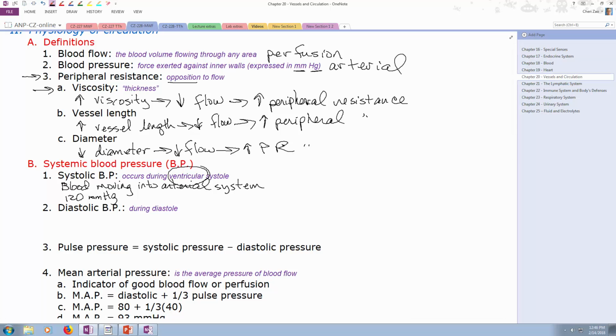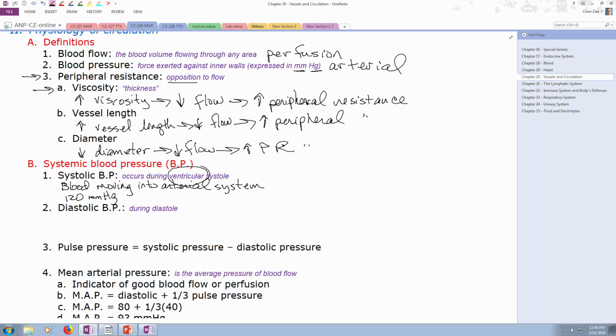If you go to a country that does not have our type of lifestyle and has a high fiber diet, not a lot of animal fats and proteins, they will have a systolic blood pressure of around 90 to 100. So our 120 is what we call normal for Americans. So that's a good blood pressure if you're an American.